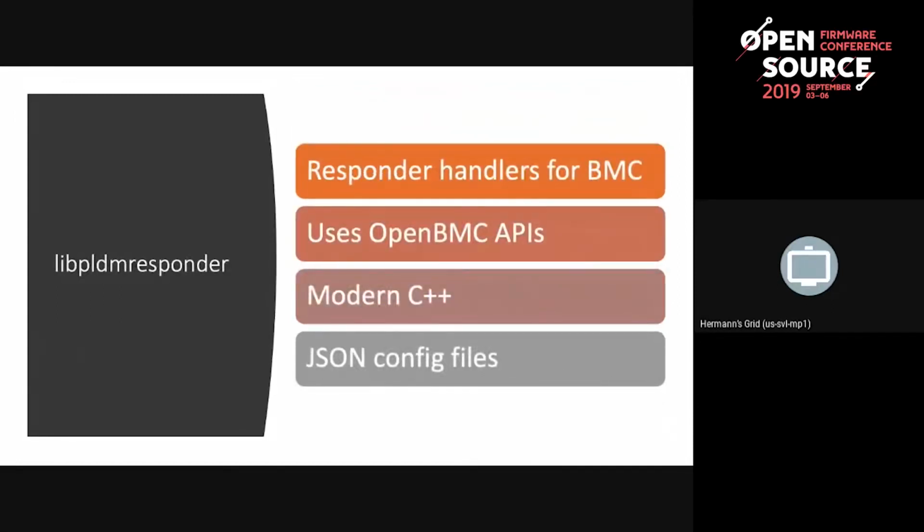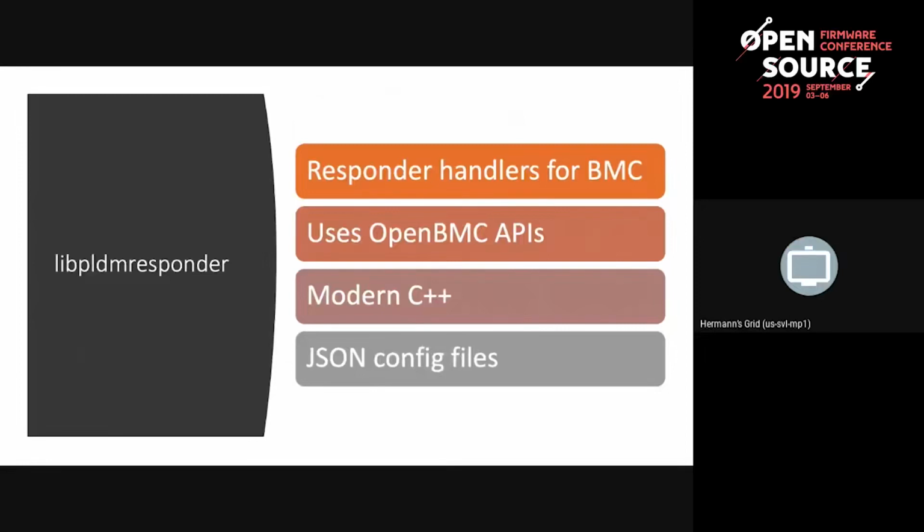There's another library which implements functions that help the BMC act as a PLDM responder. This is implemented in modern C++, and it makes use of OpenBMC APIs because this library is specific to OpenBMC.